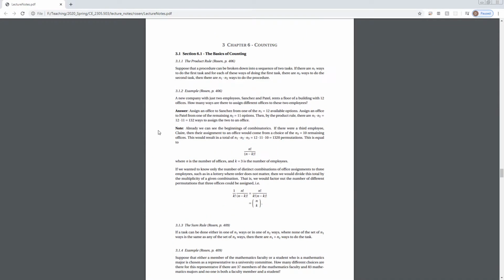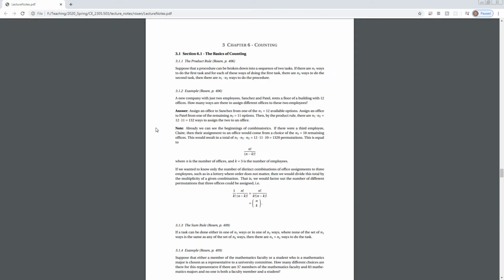Okay, so the product rule basically says that if you can do something in 2 ways, and we label them n1 and n2, then the number of ways that you can do both of them, the AND operation, and earlier in the semester we discussed that AND is equivalent to product, right?